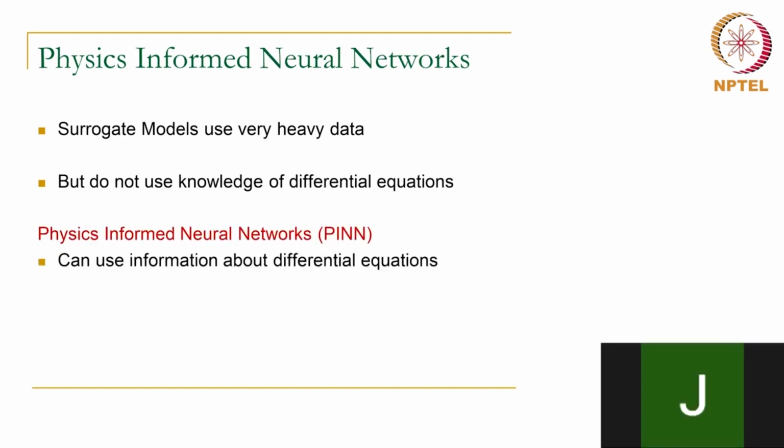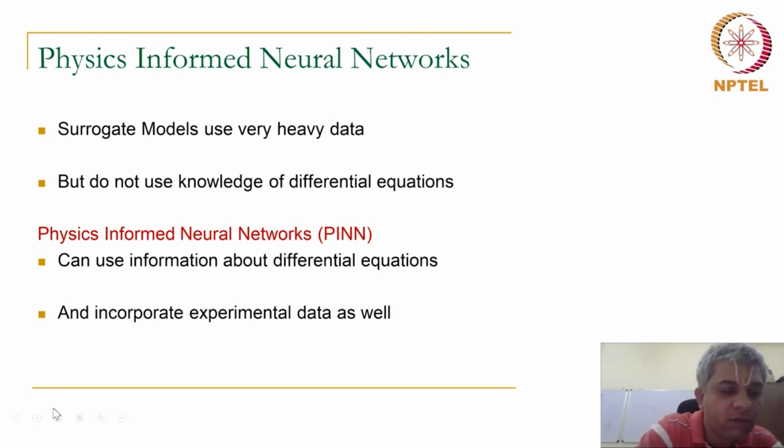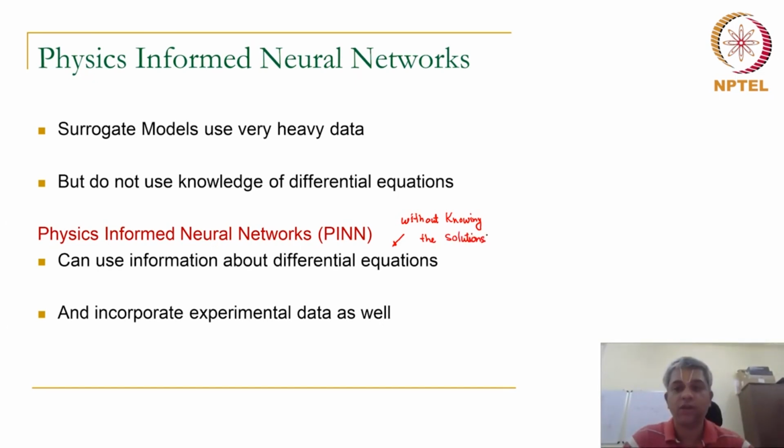In PINNs, we can actually use information about the differential equations without knowing the solutions. In many cases, for example, in the Navier-Stokes case, you will know the governing differential equation, but you don't know the solution to the differential equation.